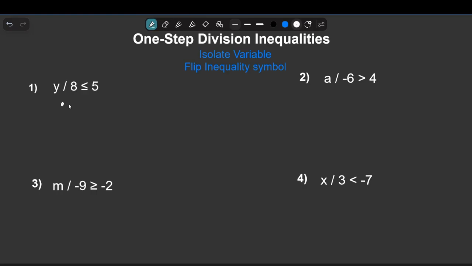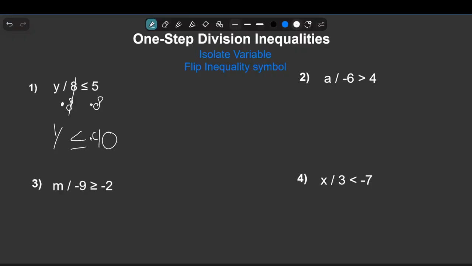The 8s cancel each other out, so we are left with our variable. Now our variable is less than or equal to 5 times 8, and 5 times 8 equals 40. So our variable has to be less than or equal to 40.